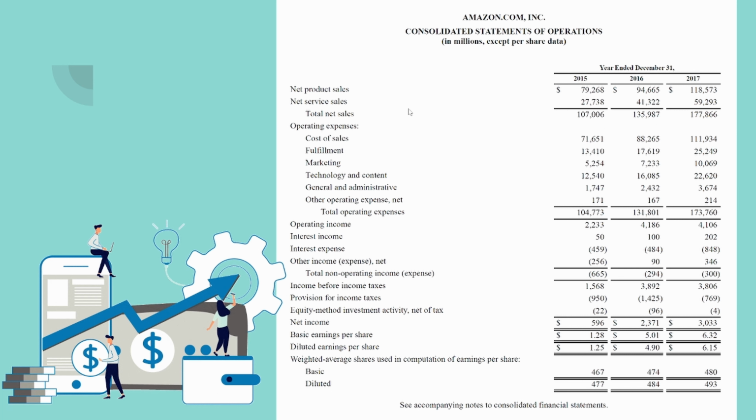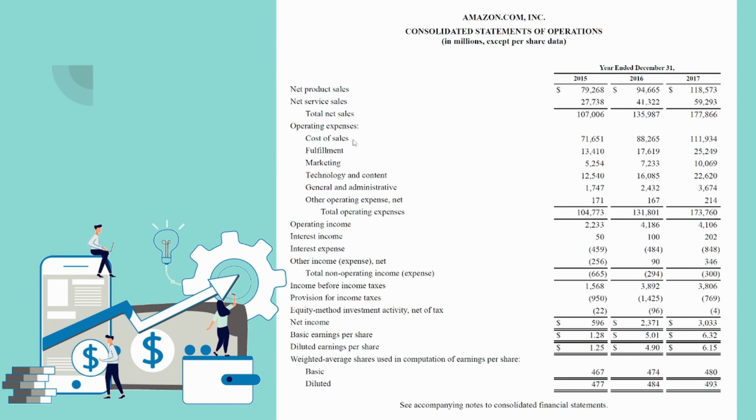Now we will deduct all the operating expenses, the cost of goods sold, SG&A. Here SG&A is marketing, technology, content, general and administrative expenses. So for example, the marketing expense for the year 2015 was 5,254 million US dollars, and in the year 2017 it was 10,069 million US dollars.